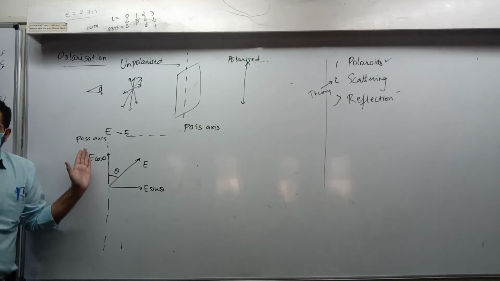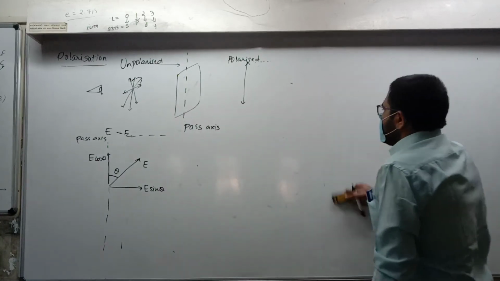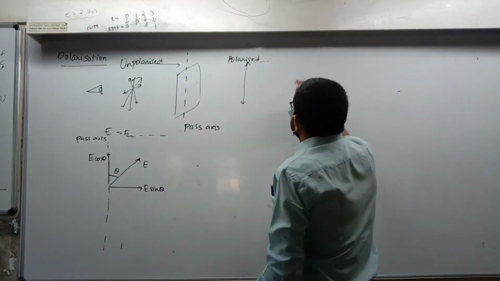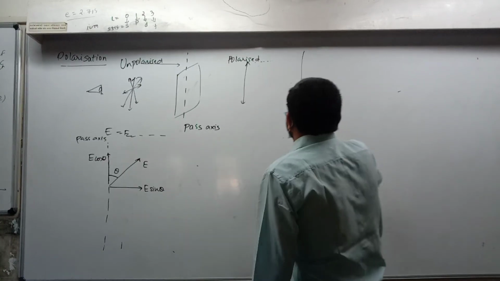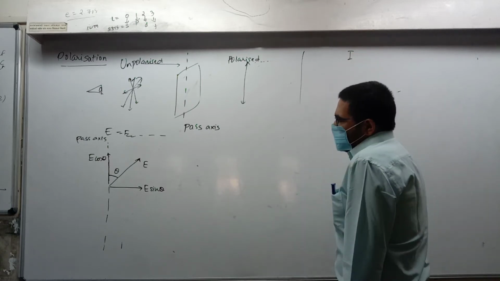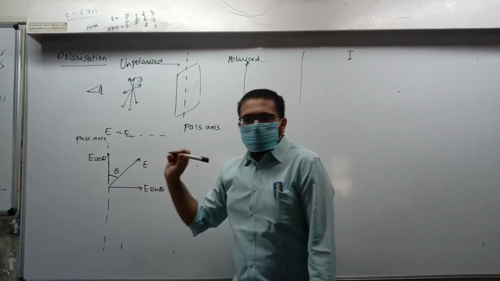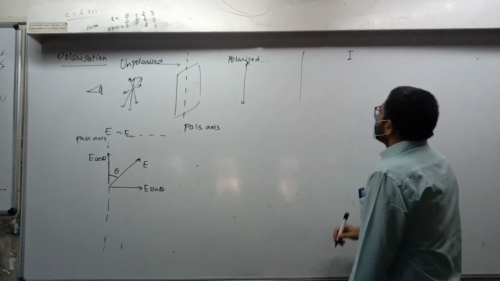Now let's take this further and derive something. For one electric field, only E cos theta goes through.